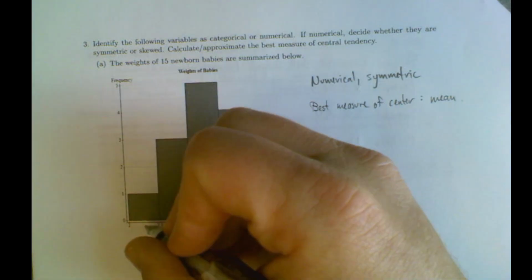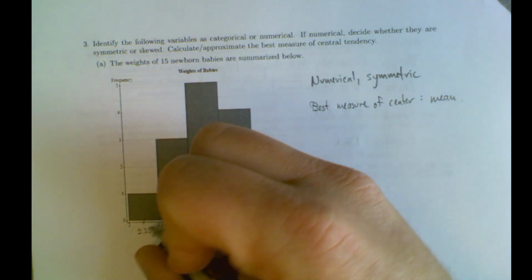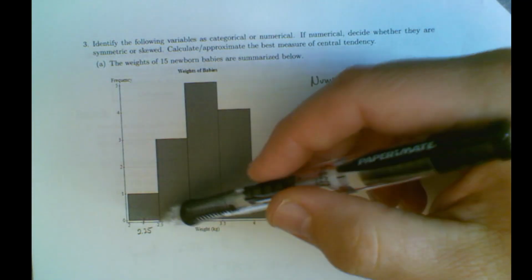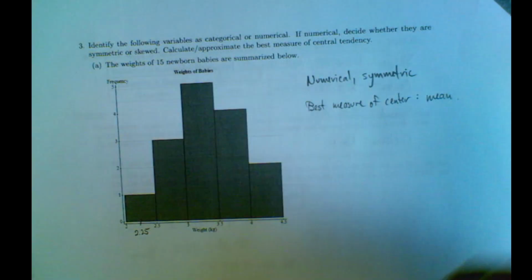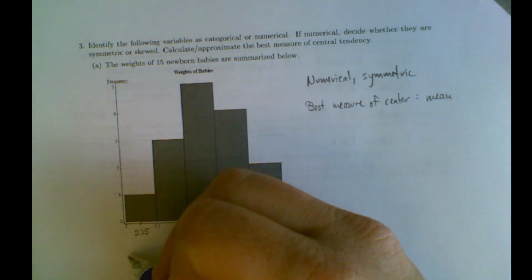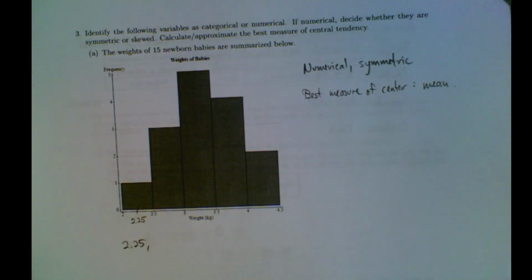So the dead center of that class is 2.25. And since I don't know exactly what the baby weighed, that's going to be the best estimate for the weight of that one baby. So if I'm trying to reconstruct my data set, my first value would be 2.25. And keep in mind, of course, this is just an estimate.